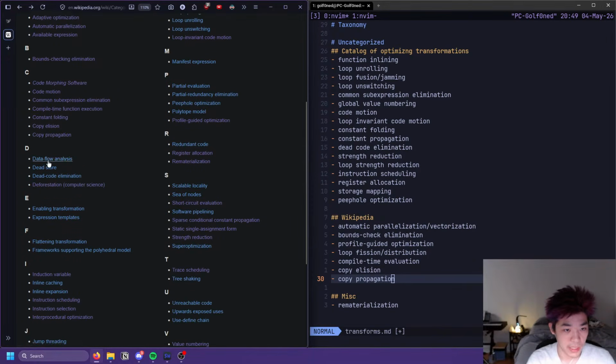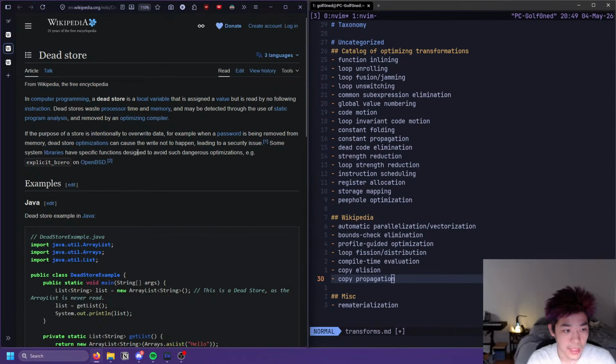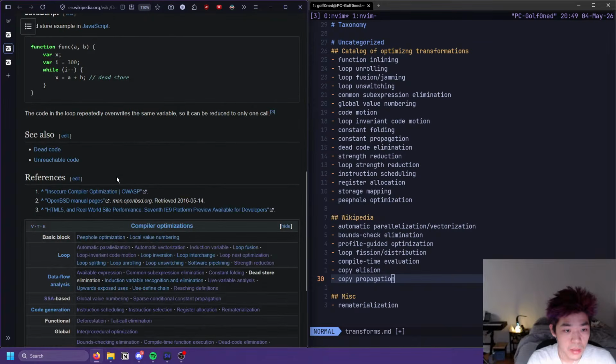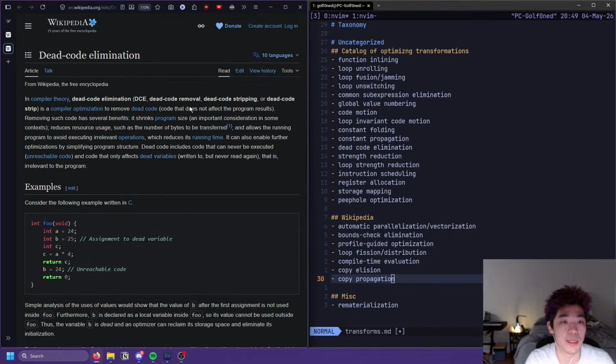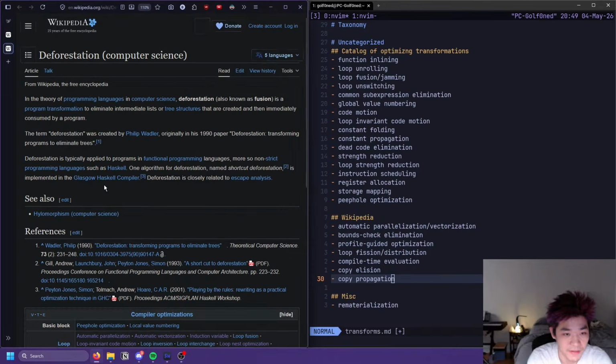Okay, data flow analysis, dead store. What is happening here? Oh, I see. We do dead code elimination. I guess that's the optimization attached to it. That makes sense. Deforestation. Interesting.